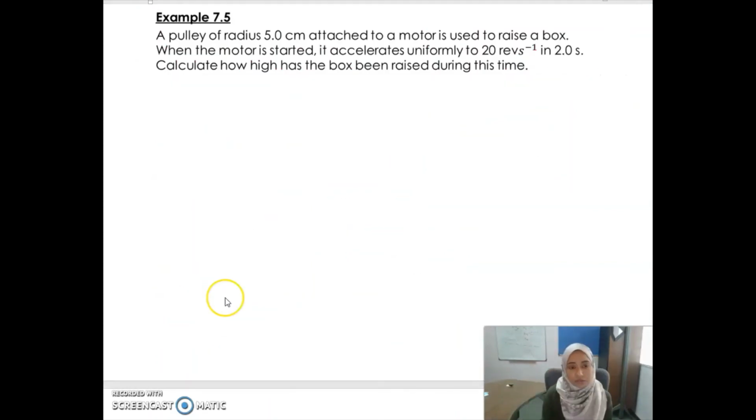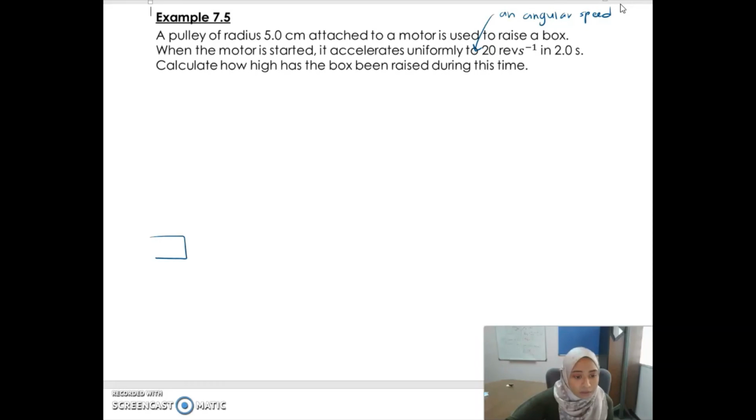Okay, this is the last example. A pulley of radius 5 cm attached to a motor is used to raise a box. When the motor is started, it accelerates uniformly to an angular speed of 20 revolutions per second in 2 seconds.